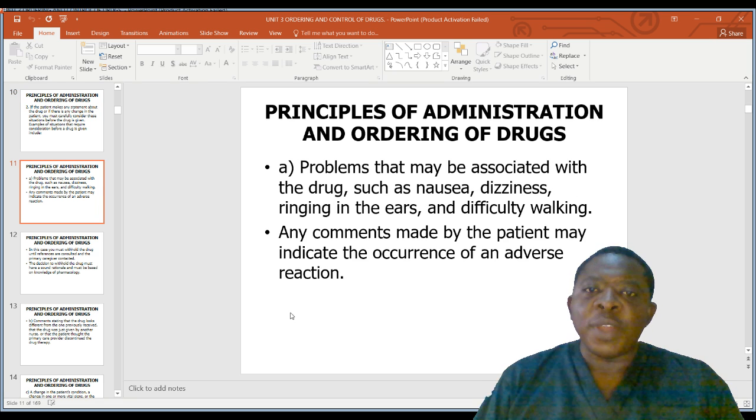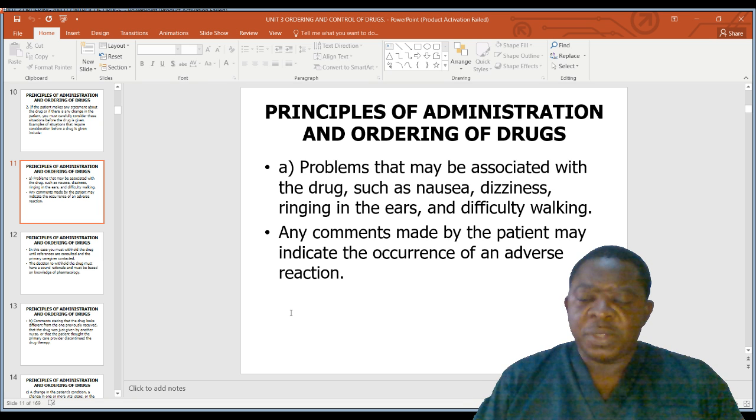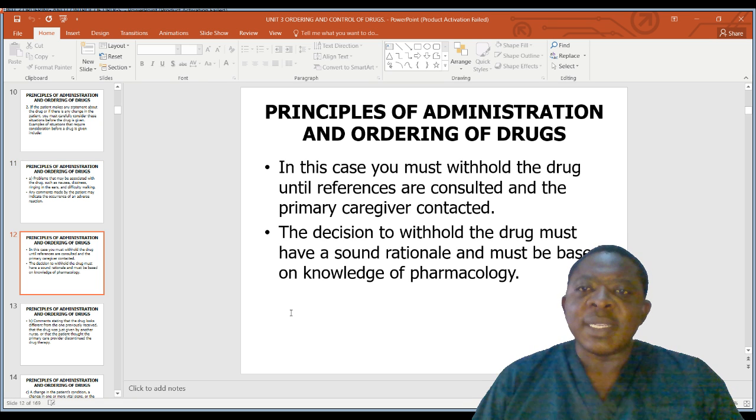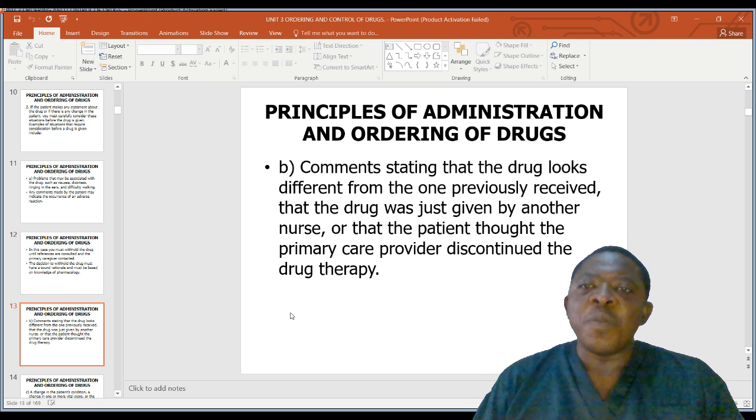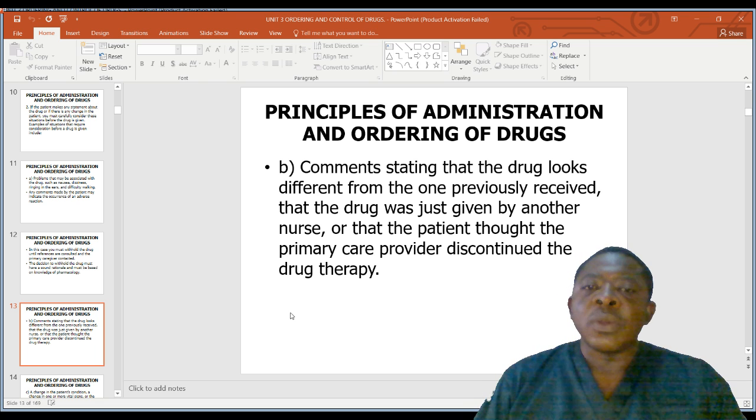We have talked of problems that may be associated with nausea, dizziness, ringing ears or difficulties in walking, in which case you have to withhold the drug, or there are comments stating that the drug looks different from the one that was given previously for the same condition. Then you must discontinue.